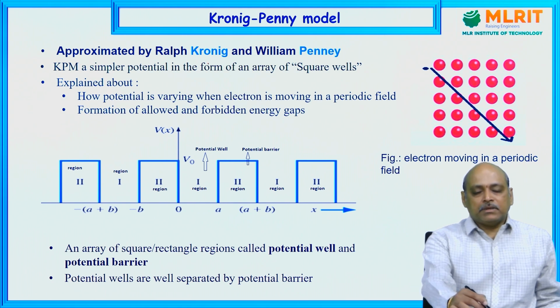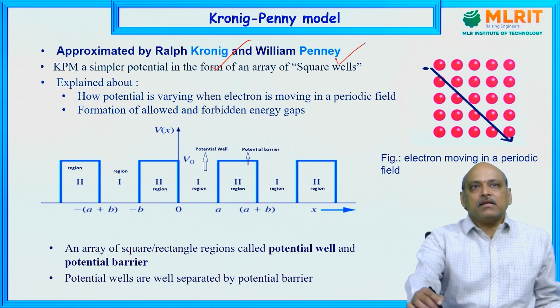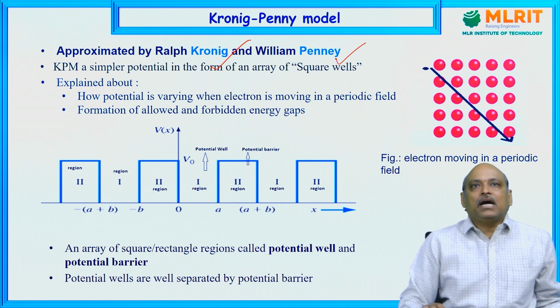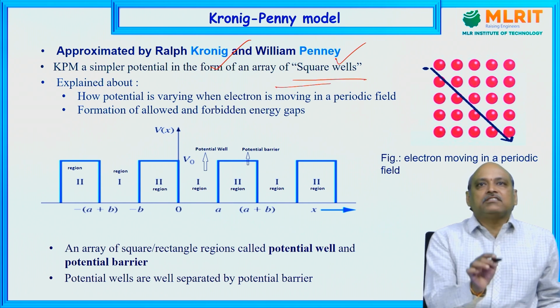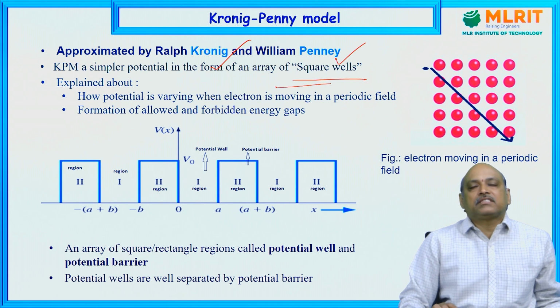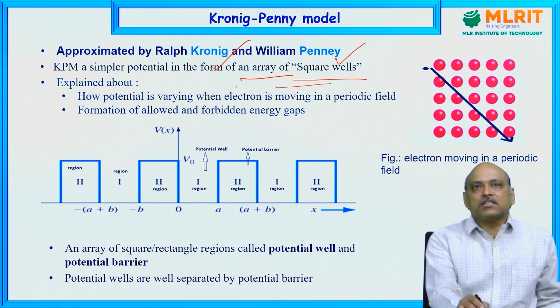Now, let me move to the actual Kronig-Penney model. It was approximated by Kronig and Penney. It is an approximated model, and it consists of square or rectangular wells. It is made up of a simpler potential in the form of an array, a series of square wells.